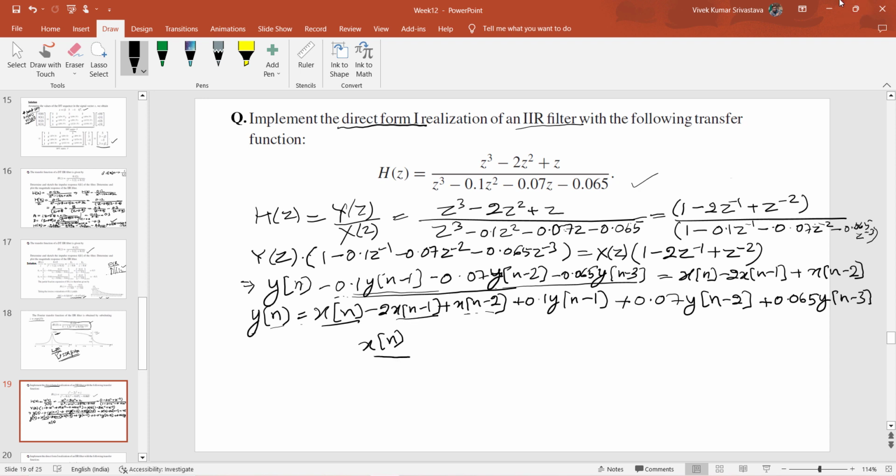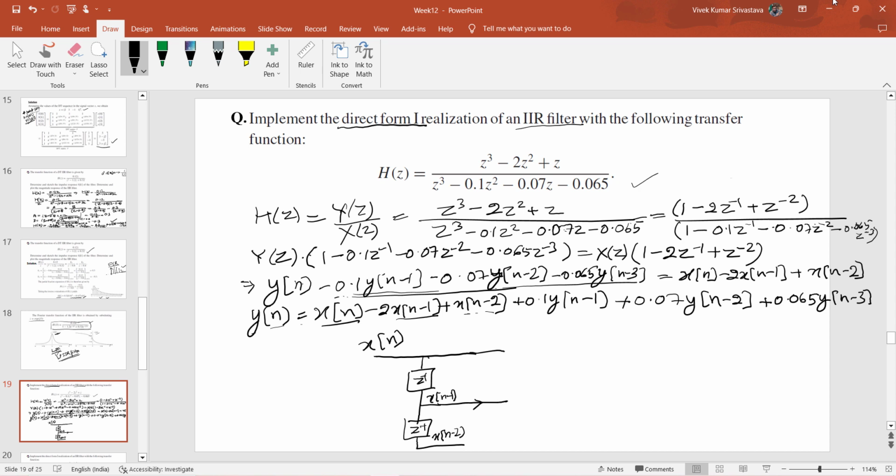So to determine x of n minus 1 we will use a delay element here, that is z raised to the power minus 1, and one more delay element will be there. Here we will get x of n minus 1 and here we will get x of n minus 2.